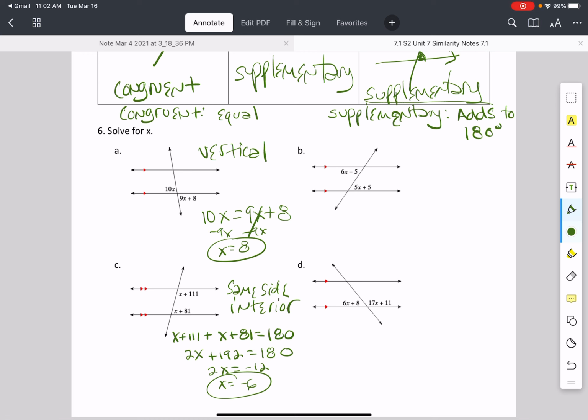Can someone raise their hand and summarize for me, how do I know when to set them equal to each other to find x versus add them up and set it equal to 180 to find x? How do I know?